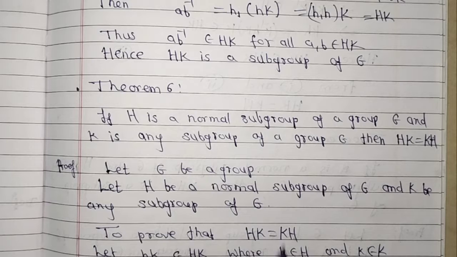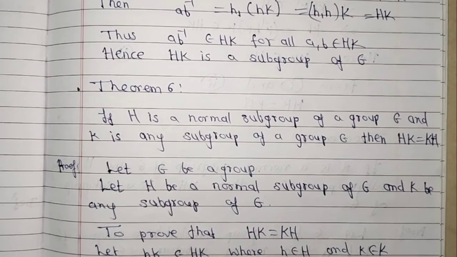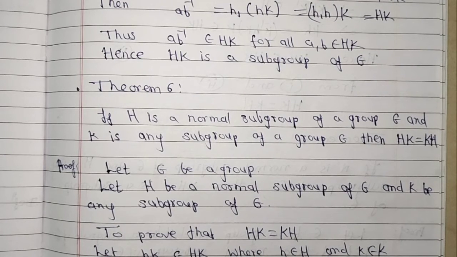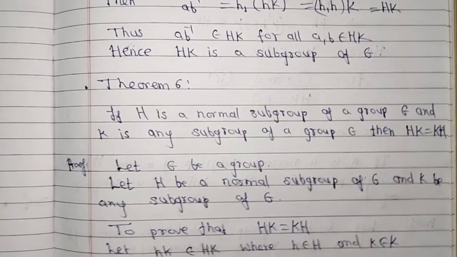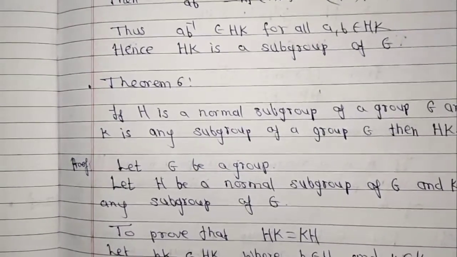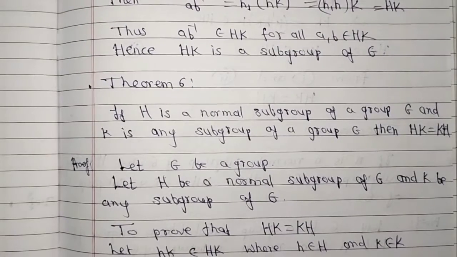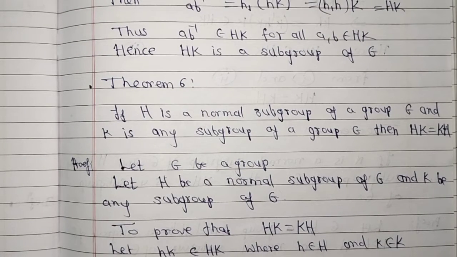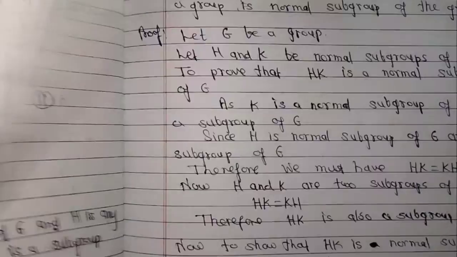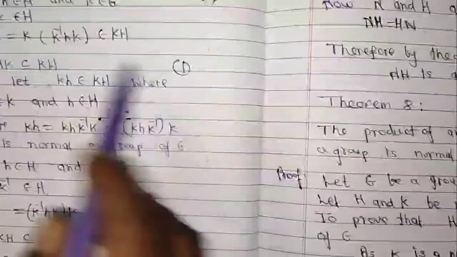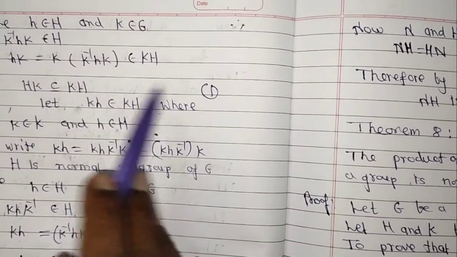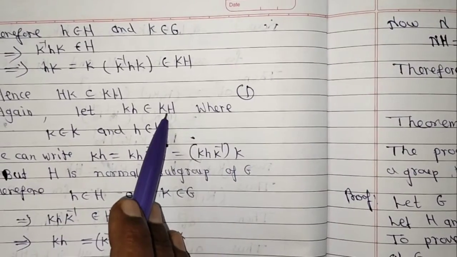For this proof, we assume that small hk belongs to HK and small kh belongs to KH. By using the property k into k inverse equal to e and multiplying it, this belongs to HK, which is contained in KH.